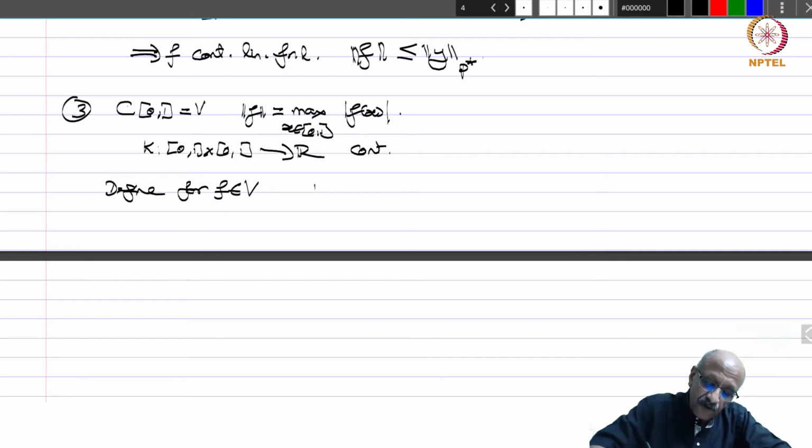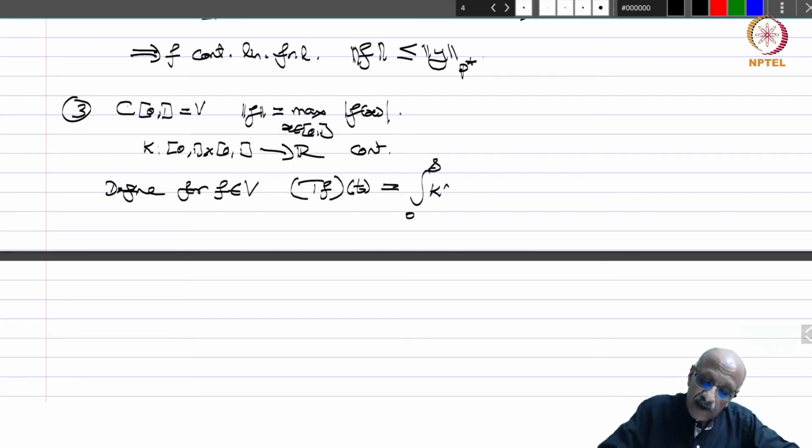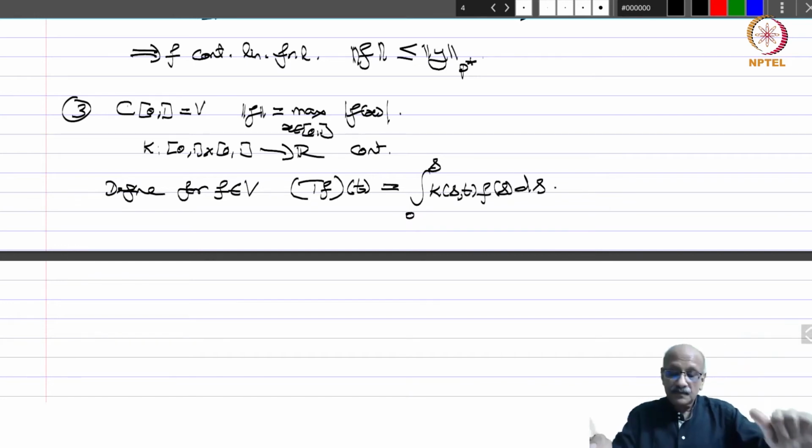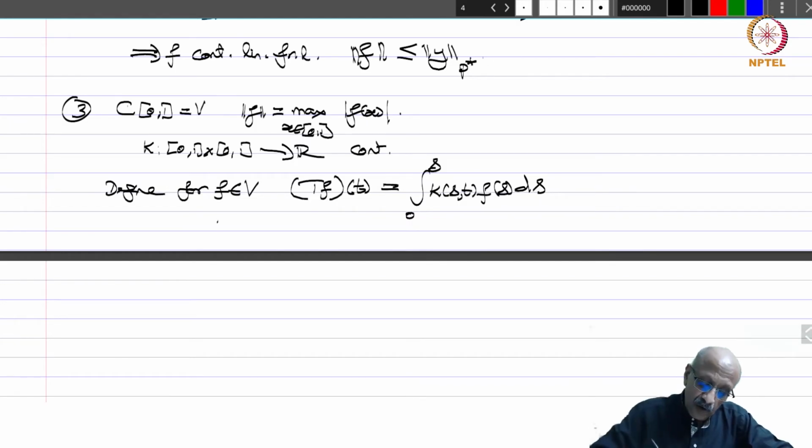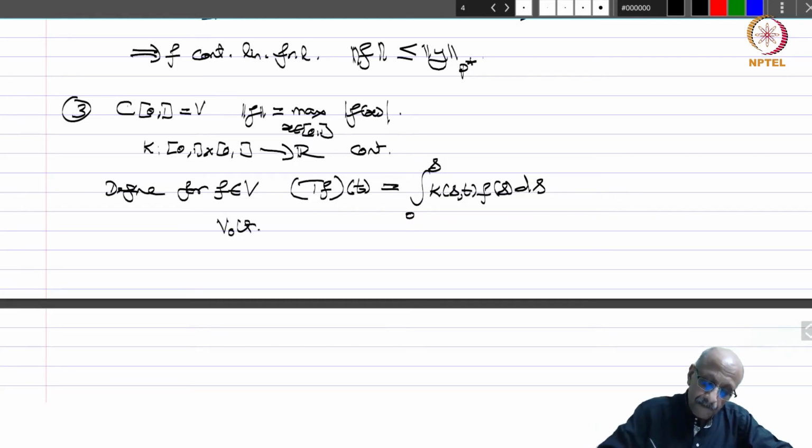So Tf is also a function on [0,1]. So Tf at t is equal to integral 0 to t of K(s,t) f(s) ds. So this is called a Volterra integral operator.